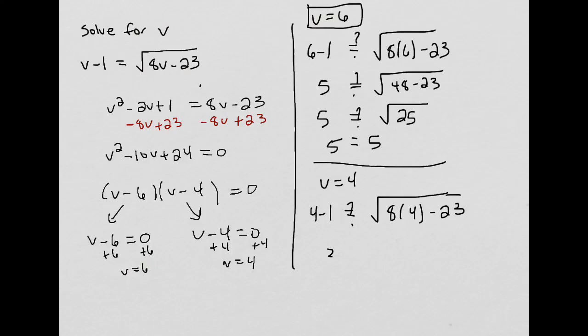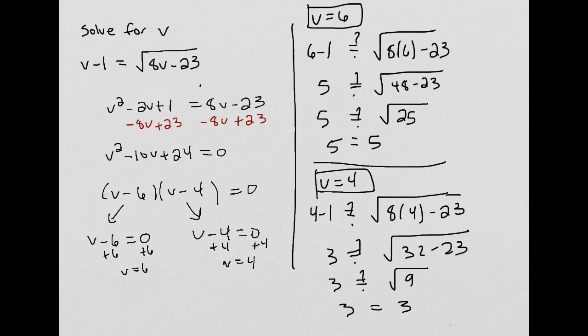And 4 minus 1 is 3, equals square root of 32 minus 23. If I subtract those numbers, I get 9. And the square root of 9 is 3. So I get 3 equals 3. That means my other solution is also a good solution. So I get 2 solutions for this particular problem.